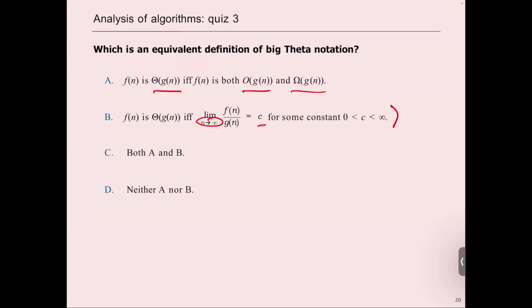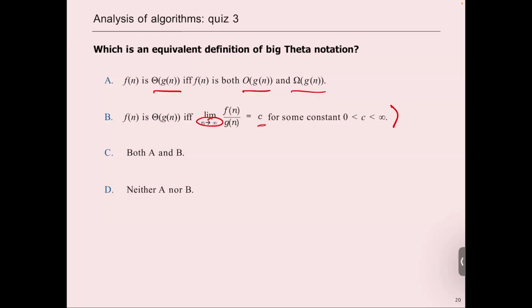If this is true, then f of n is theta of g of n. This is a powerful test for statement B, because it says two functions are growing at the same asymptotic rate. If the limit of the ratio equals some constant, neither of them completely dominates the other. The ratio between these two functions stabilizes to some non-zero finite constant.